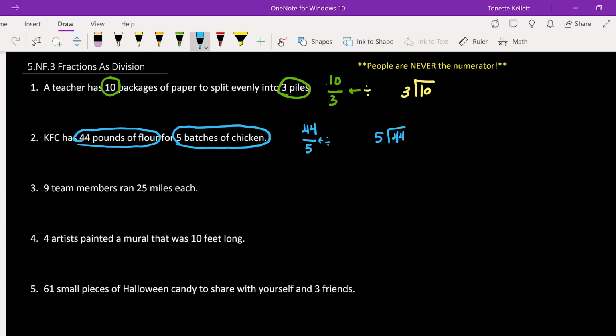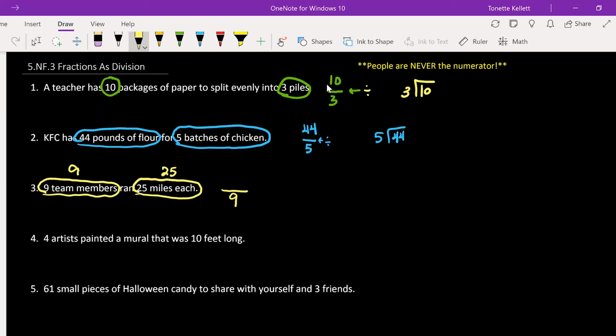All right, here's where we get into the people. 9 team members ran 25 miles each. Now you know that the people, 9 team members, cannot be the numerator, and they ran 25 miles each. So if you're not sure, you know that the 9 cannot be the numerator. It cannot go on top because it's talking about people there.